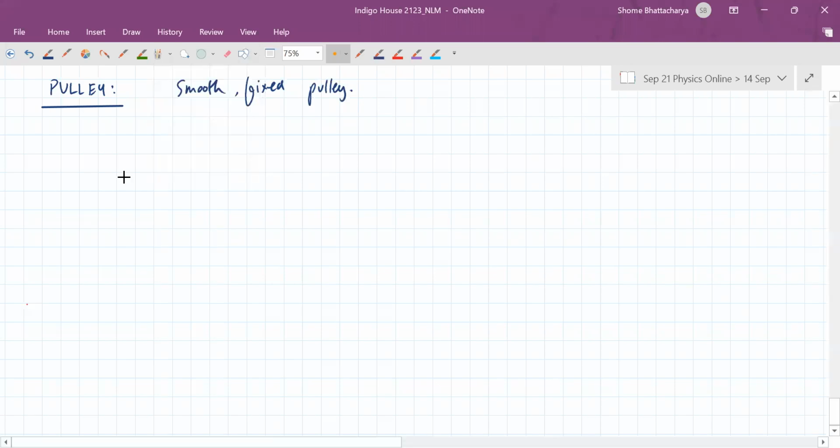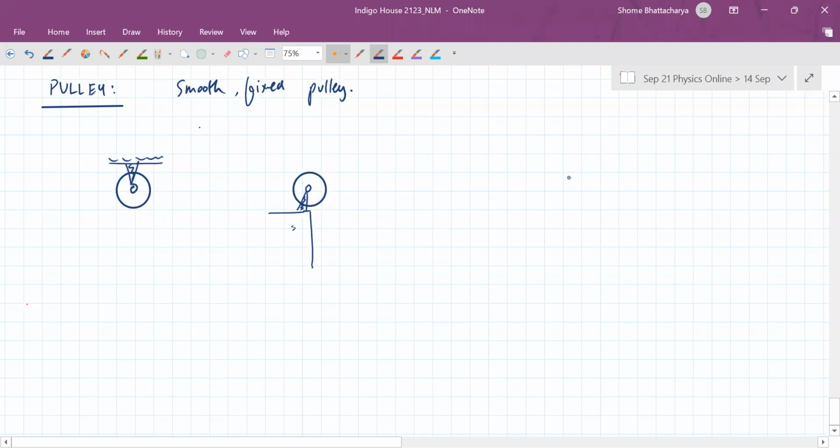So typically, the diagram of a pulley might be shown as something like this, where either the pulley's axle is attached like this to a fixed ceiling, or the pulley might be attached to a surface like this, whatever be the case.